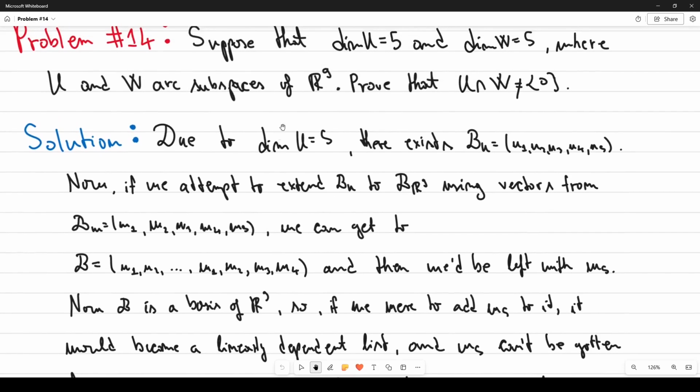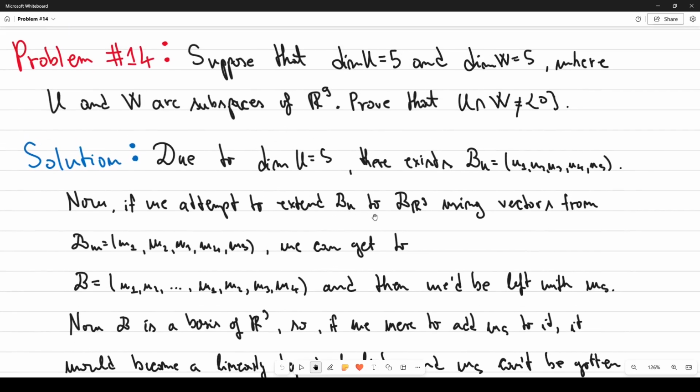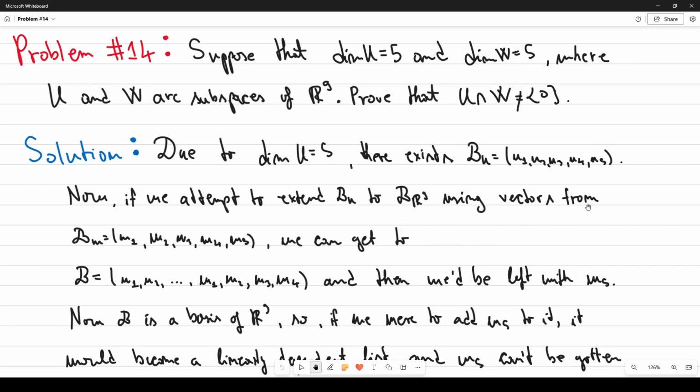Now, if we attempt to extend B of U to a basis of our whole vector space R to the 9th, using vectors from W, so due to W being of dimension 5, it also has a basis.